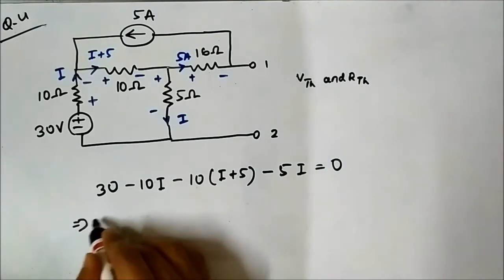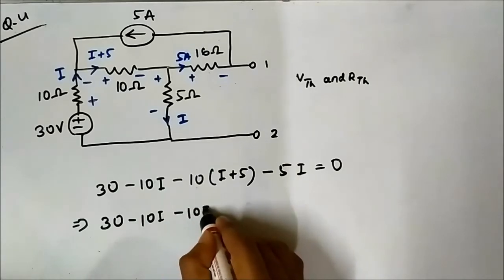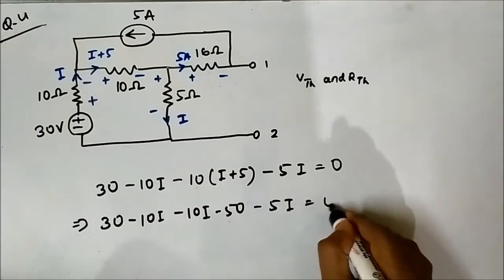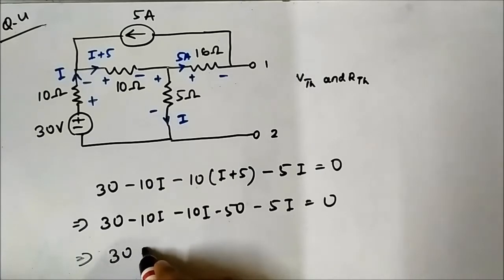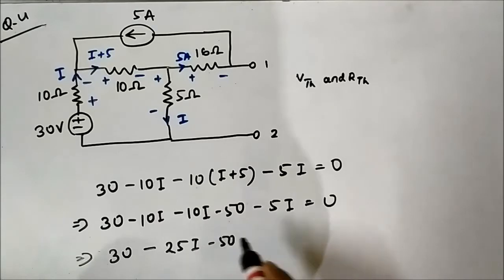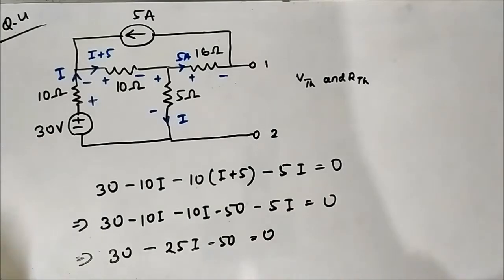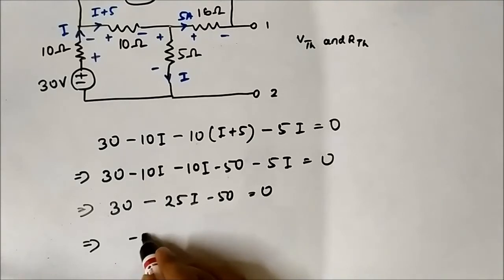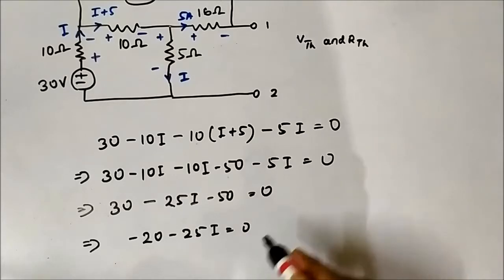Solving it, 30 minus 10I, opening the bracket, minus 10I minus 50 minus 5I is equal to 0. That implies 30 minus 25I minus 50 is equal to 0, that implies minus 20 minus 25I is equal to 0. 30 minus 50 is minus 20.